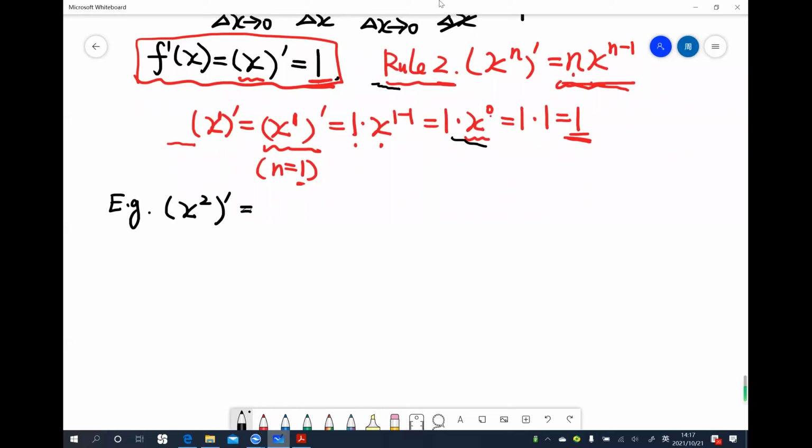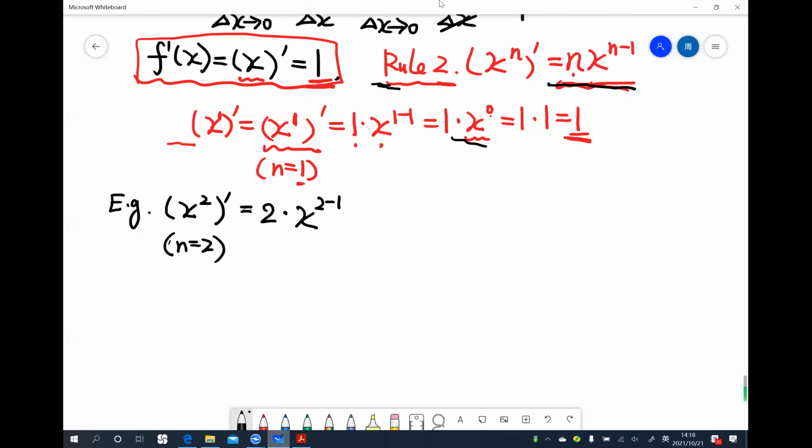We use this rule here, n equals 2 now, right? So now we use the formula here that equals 2 times x to the power 2 minus 1, right? Can you understand? We use this rule.